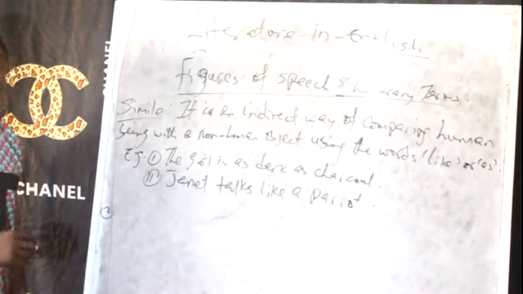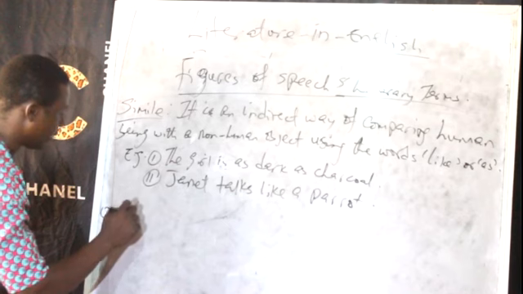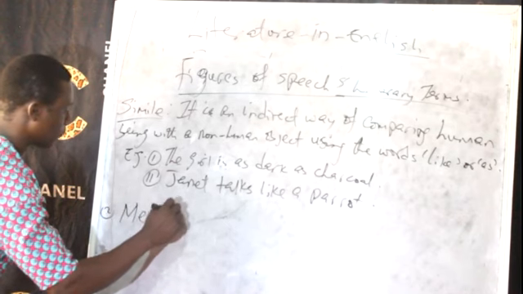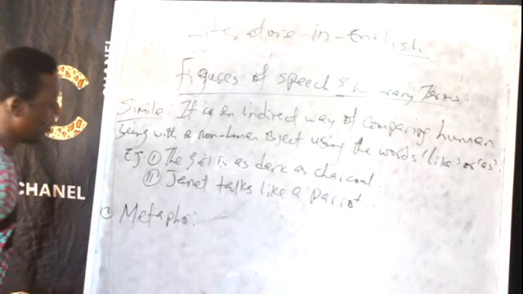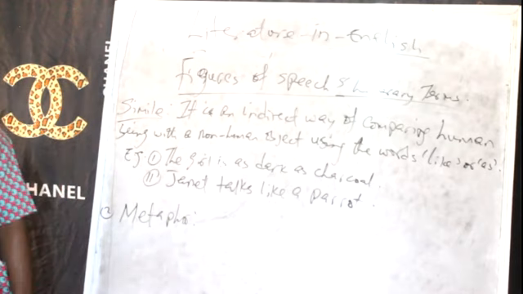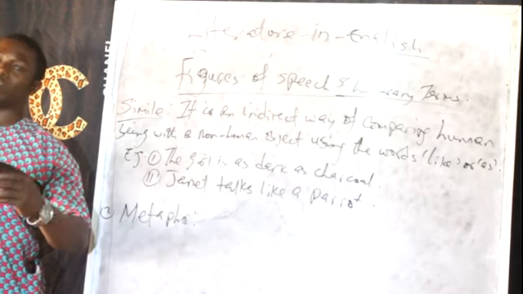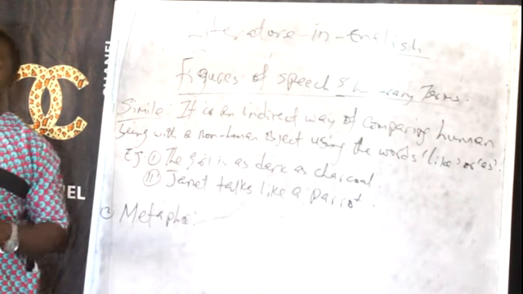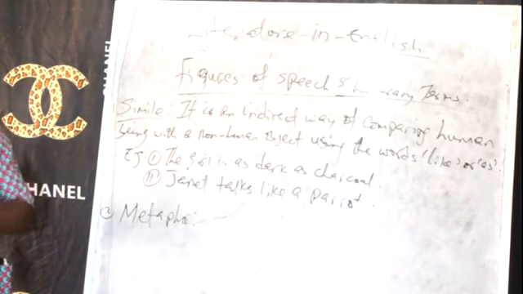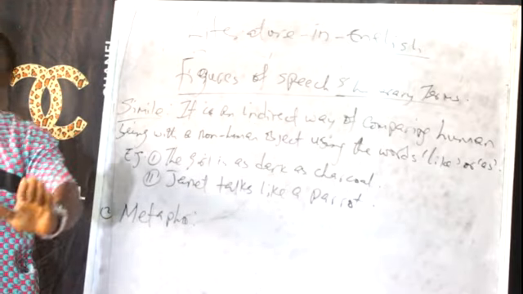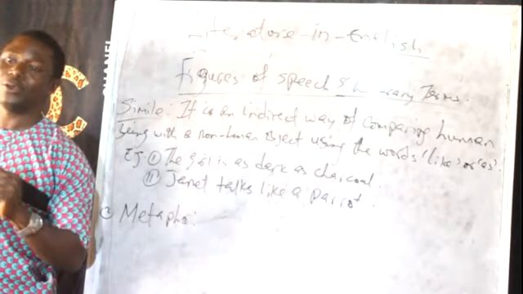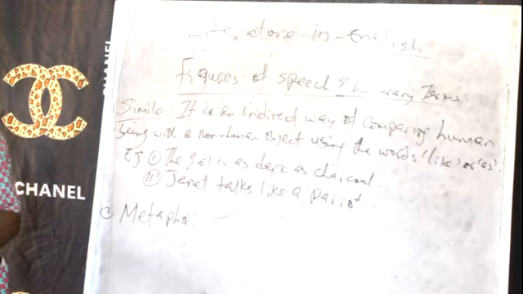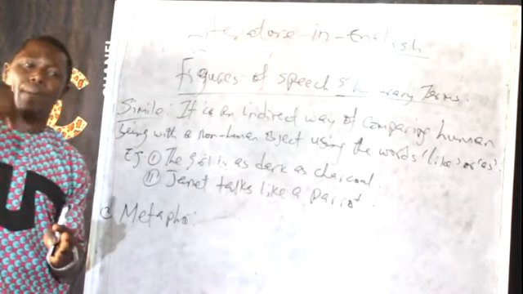2, we have metaphor. This is a figure of speech that equates the words in comparison. It compares a human being with a non-human object in a direct way. Meaning, you call the human being the object you are comparing the person with.